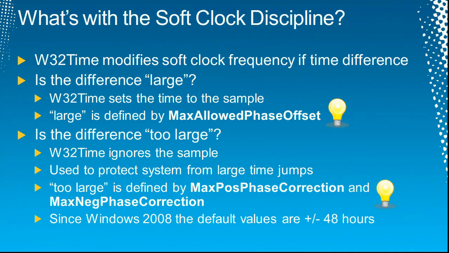To tell you a story, while we were self-hosting Win2K8 in one of our internal domains, we found that a domain controller with a specific hardware issue suddenly had a time of something like January 1st of 1967 or so. So there was a jump of 50 years, and of course that created a bunch of issues in the system.